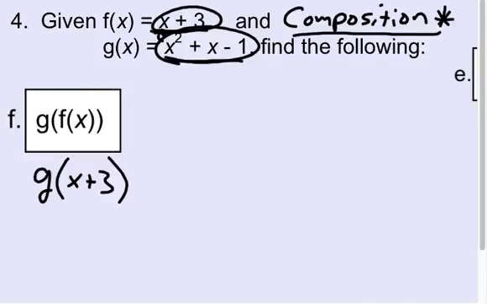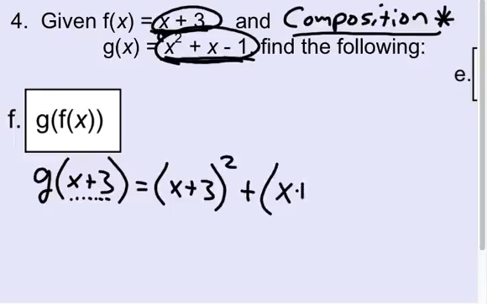Okay, so here's my g function, x squared plus x minus 1. So wherever I see an x in that function, I'm going to plug in the expression x plus 3. So x squared is x plus 3 squared plus another x plus 3 minus 1.